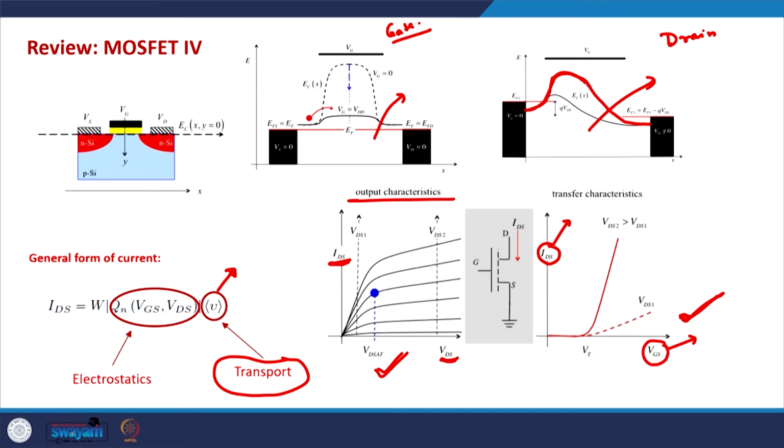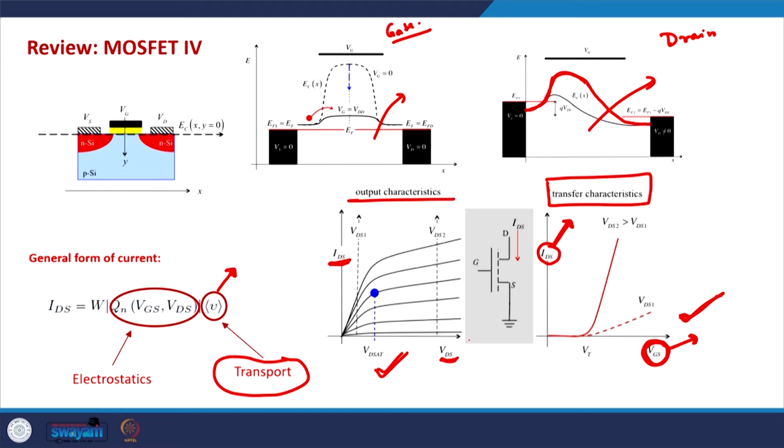This current is not flowing from the gate terminal. The terminals on which we apply the voltage in this plot and the terminals across which the current flows are different, and that is why this is known as the transfer characteristics. Generally it is used to understand the control of the gate voltage on the channel.